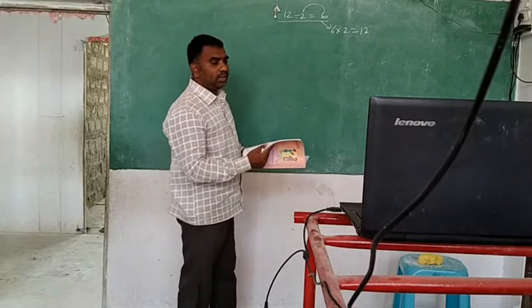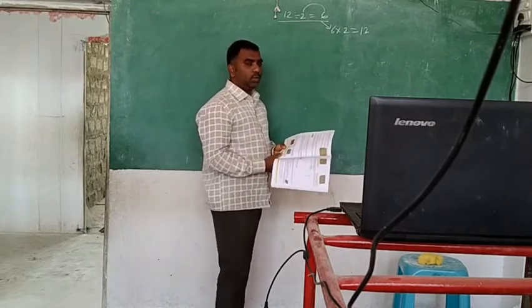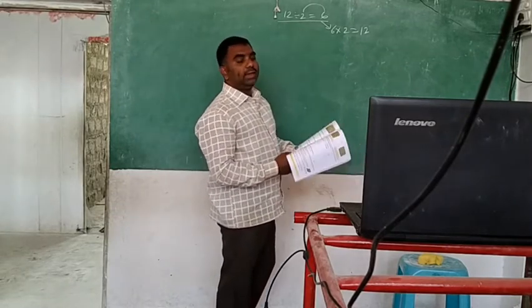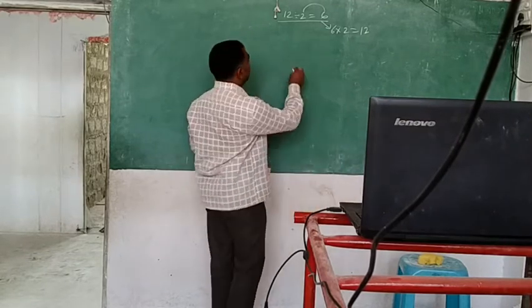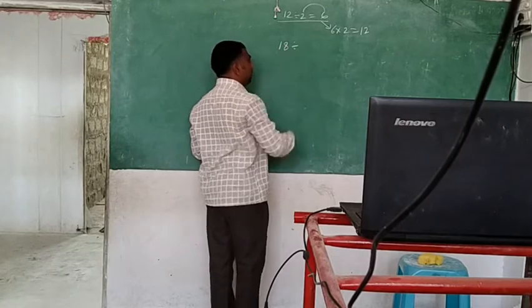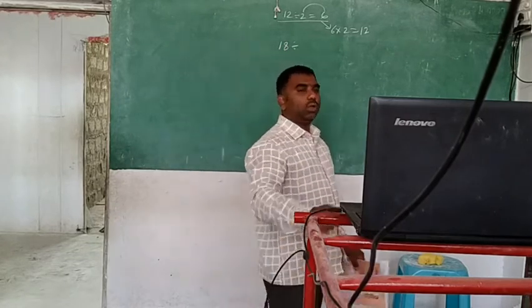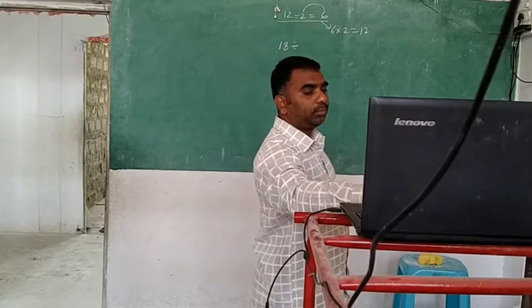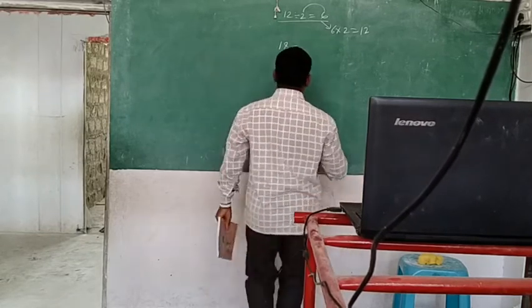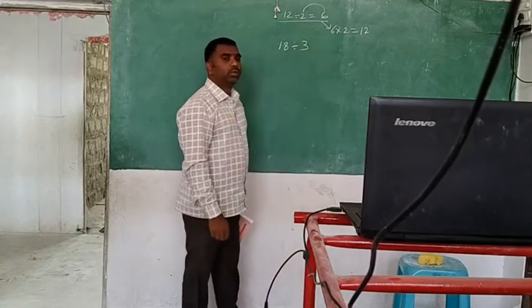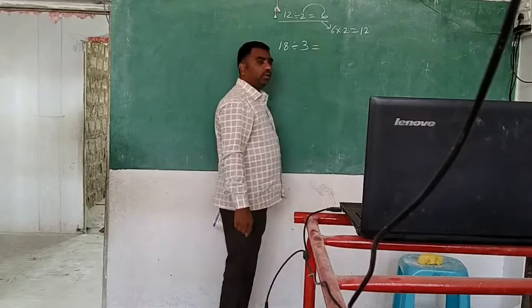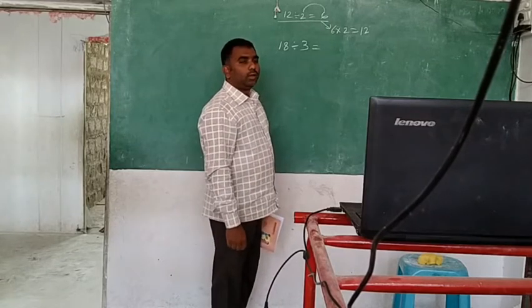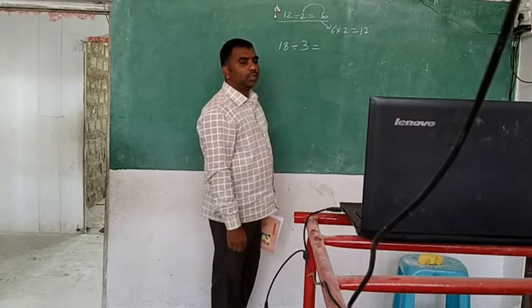In the same way, you can see the stars here. How many stars are there in this insect? Count and say. 18 stars are there in the second picture. 18 stars are divided into 3 groups.